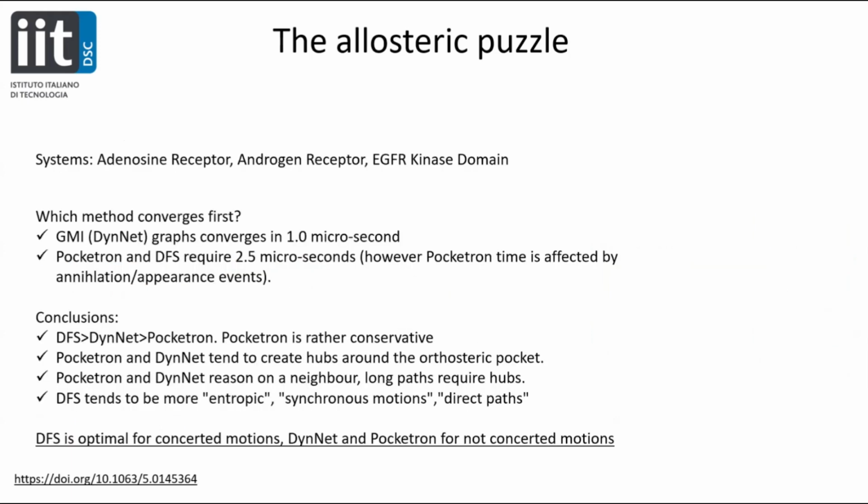We did that with several systems, and first we checked convergence. Convergence is always the problem when you do molecular dynamics. So which is the fastest method to converge and give you an answer on the stability of these connectivity matrices? We found that DINET, which is based on mutual information, was able to converge in 1 microsecond, whereas the distance fluctuation in Pocketron requires a little bit more time.